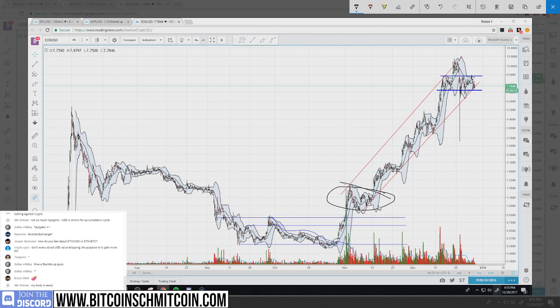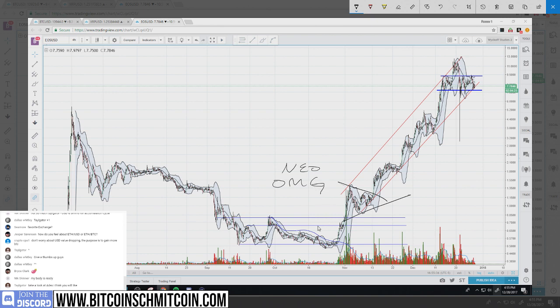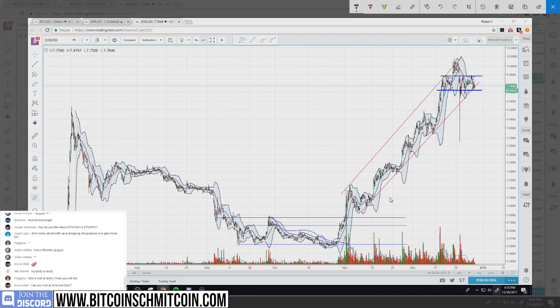This is the exact same thing that NEO, OMG, and XRP did. They're doing the exact same thing. They broke out of their trading ranges. Now they're making these big pennants, and they're gonna go on a rampage. They're gonna mark up. I don't have any question about it. We're gonna see some significant price growth for those coins.